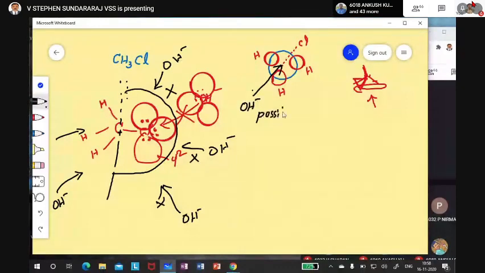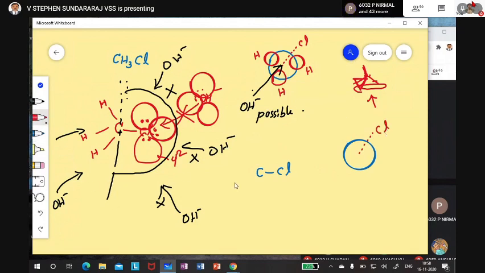Now next I am coming to one more structure. This is tertiary butyl, this is carbon again, with Cl on the other side. If you want, I will show it. The C is on the opposite side, not visible to you, so I am using a dash.